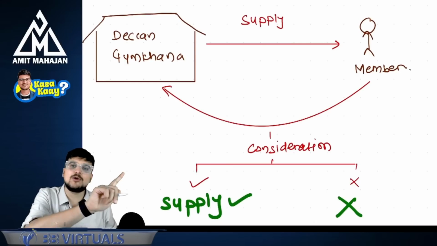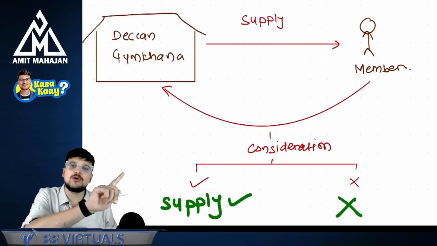And the last point is the principal agent relationship. What is the principal agent relationship? Please try to understand here. There is one principal, one agent, and one customer. When the principal transfers certain goods to this agent, of course, it will be without consideration.